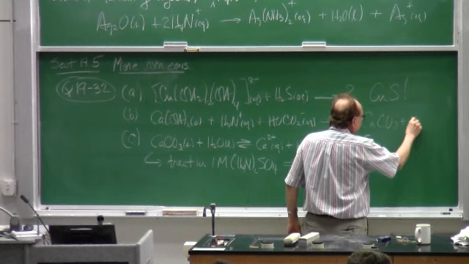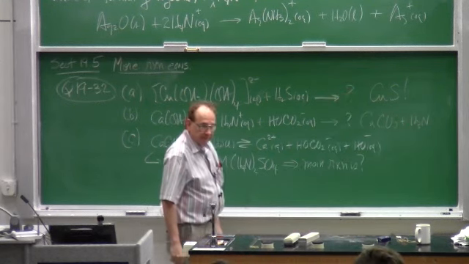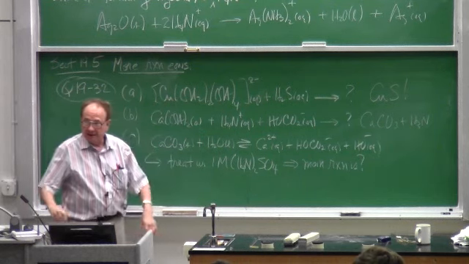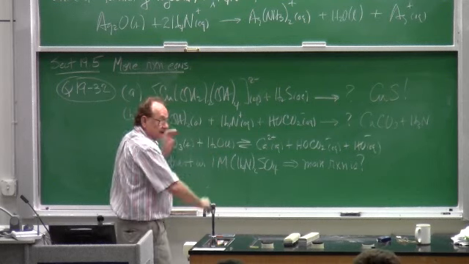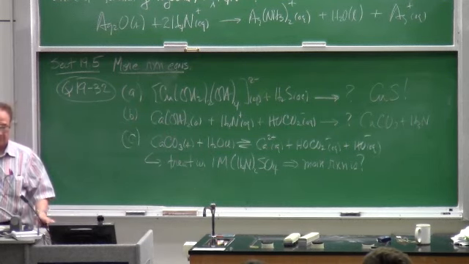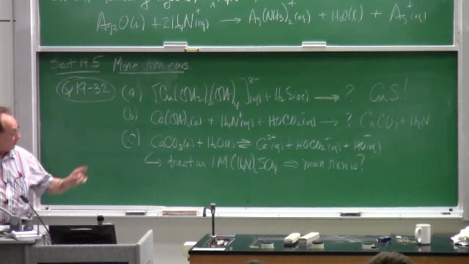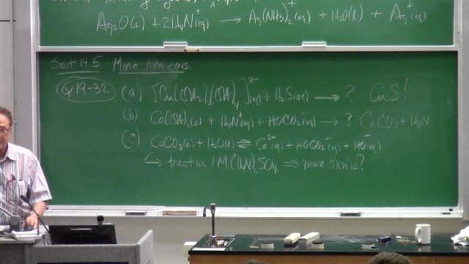And this. If you calculate K for this thing, because you looked at K for calcium hydroxide plus ammonium ion. Big K. If you put the bicarb ion in there, do you think the K will get even bigger?